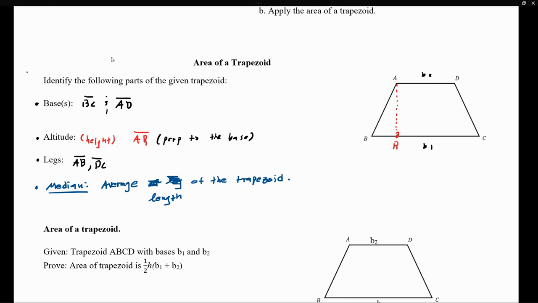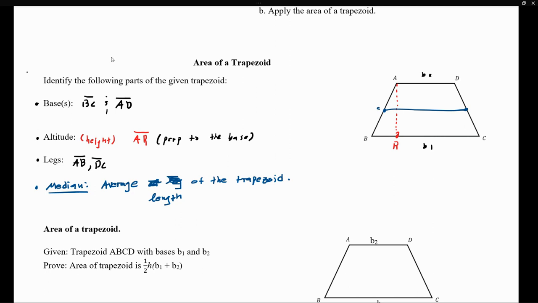Well, length can be seen in terms of the bases. If I add up the upper base and the lower base, and take the average of those two, I am going to get what we call the median. And the median will always be a line that is halfway between those two bases, which in this case, let's represent with this.